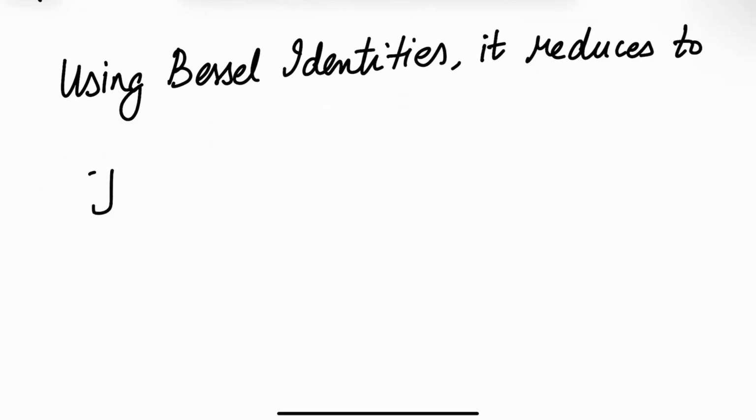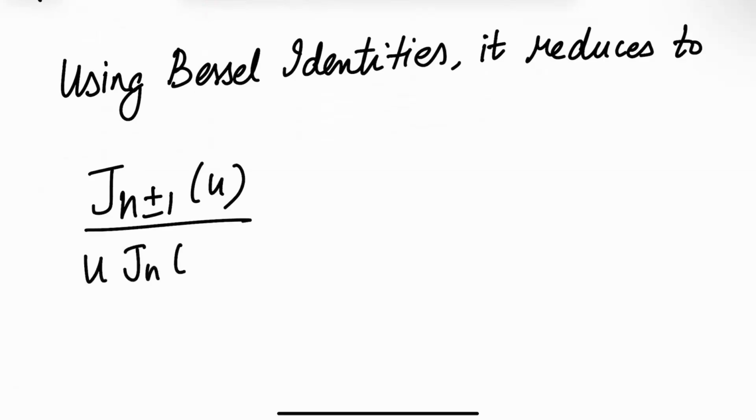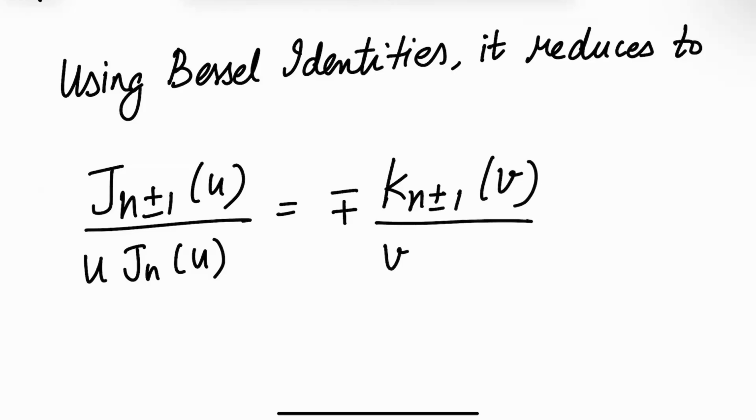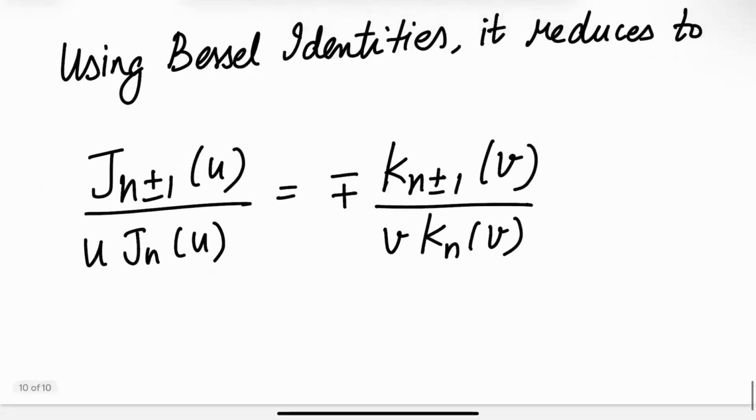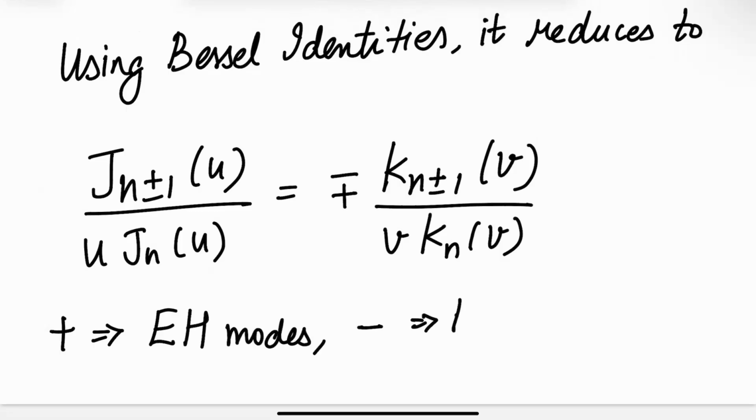And you can reduce that equation to J_(n plus or minus 1)(u) over u J_n(u) is equal to minus-plus K_(n plus or minus 1)(v) over v K_n(v), where plus corresponds to EH modes, and we'll see why, and minus corresponds to HE modes.